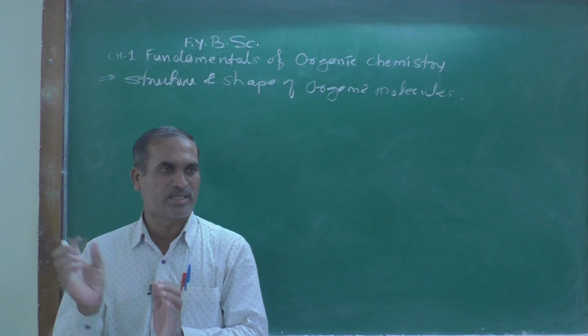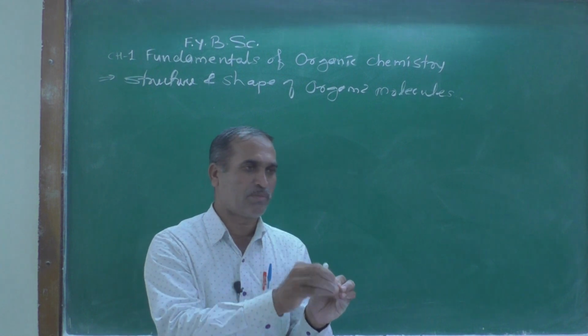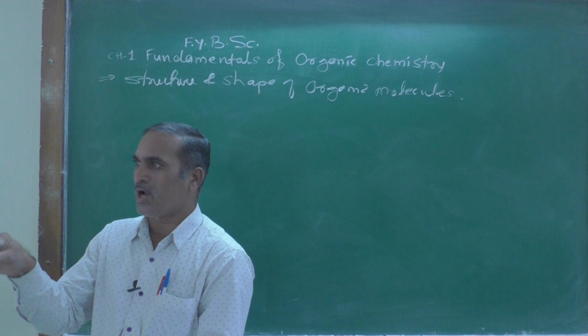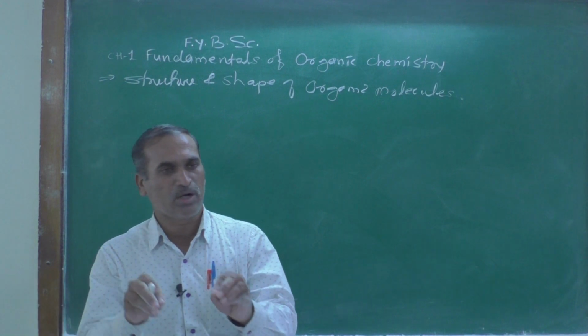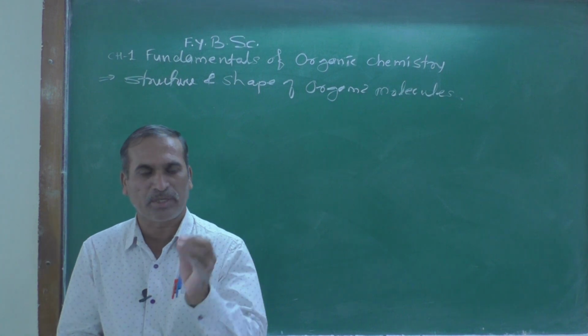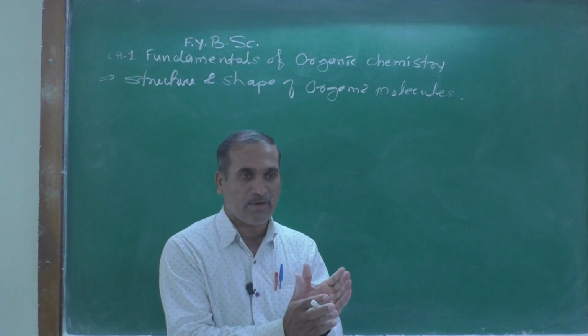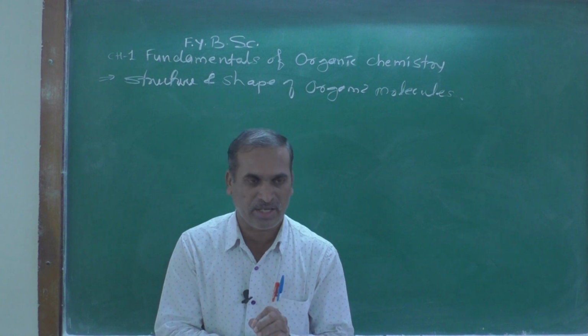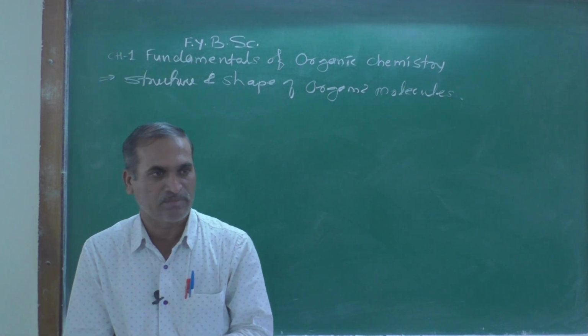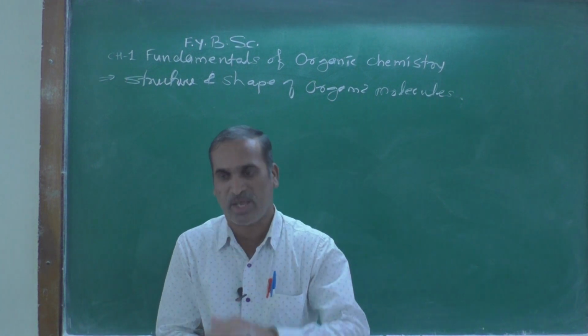Remember one rule: the number of atomic orbitals participating in the hybridization equals the number of new hybrid orbitals formed, and when new hybrid orbitals form, they have maximum symmetry and a definite direction, meaning orientation in space.